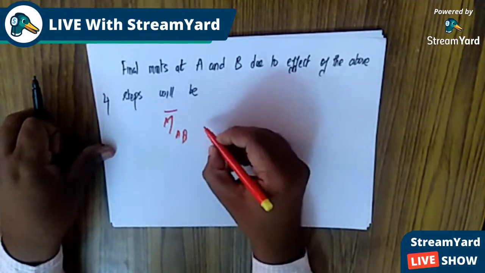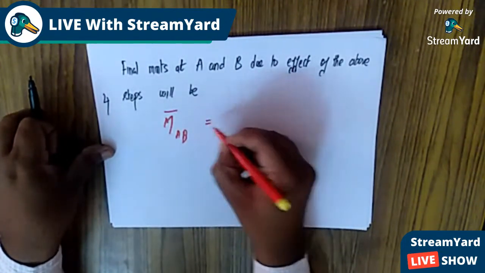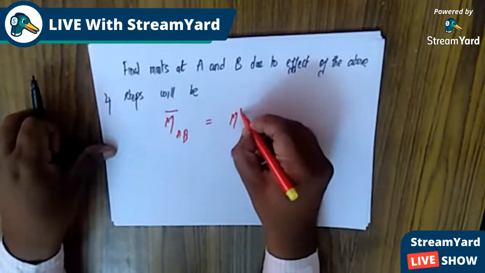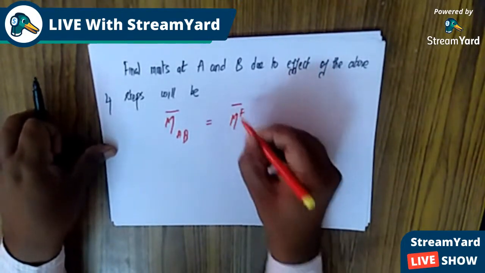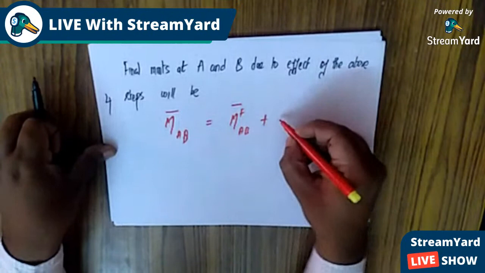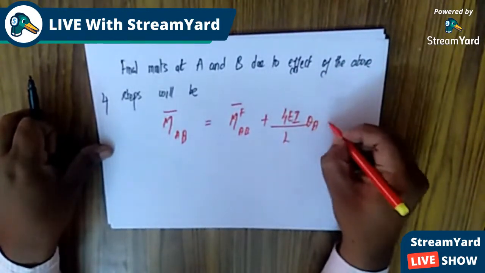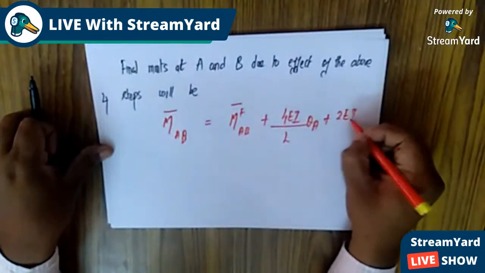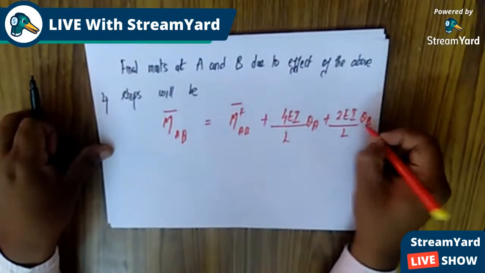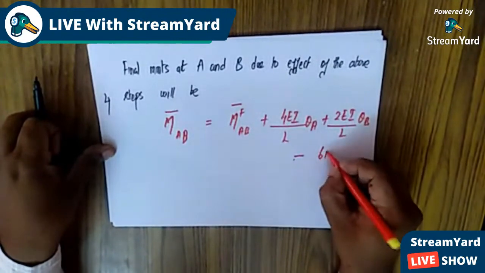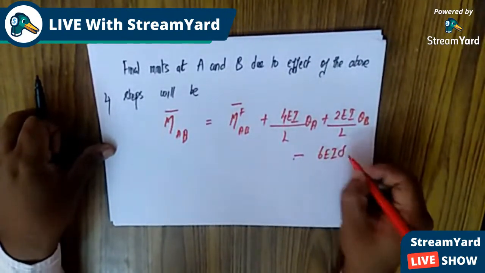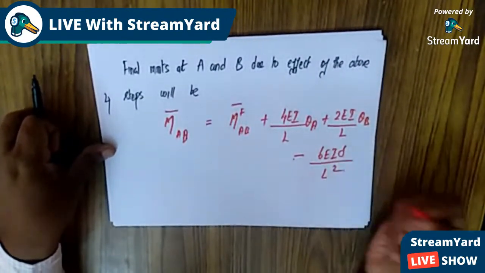So M bar AB is equal to MF bar AB plus 4 EI upon L theta A plus 2 EI upon L theta B minus 6 EI delta divided by L square.